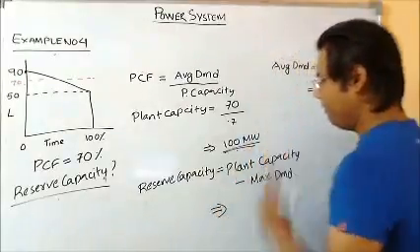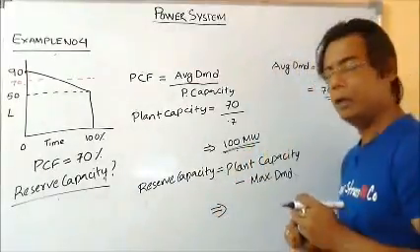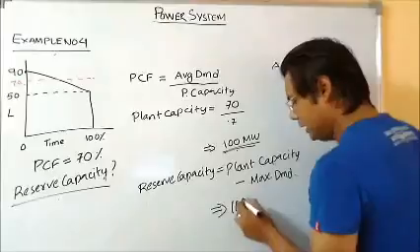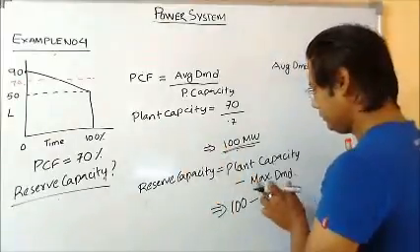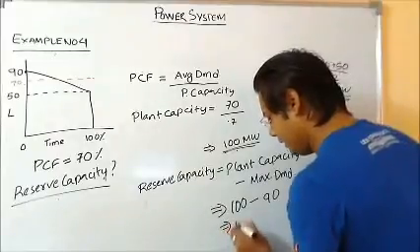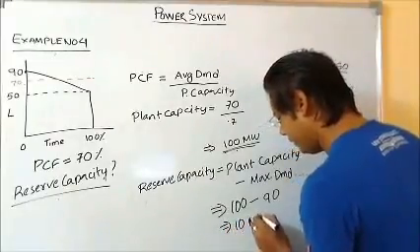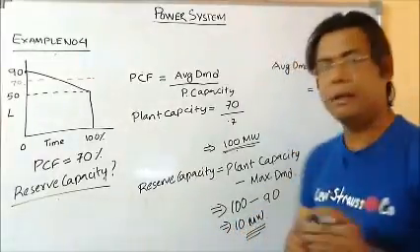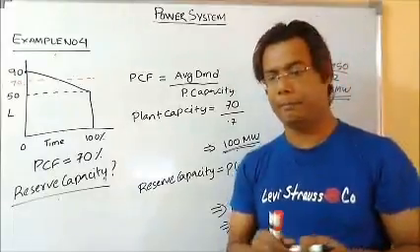So here the plant capacity we found is 100 and maximum demand is 90. So the answer is 10 megawatt is the reserve capacity of the total system.